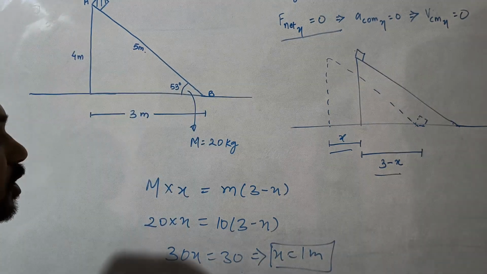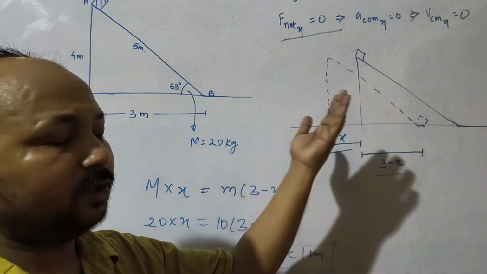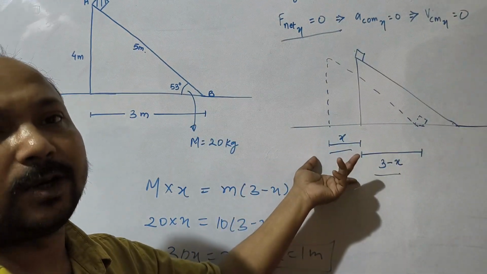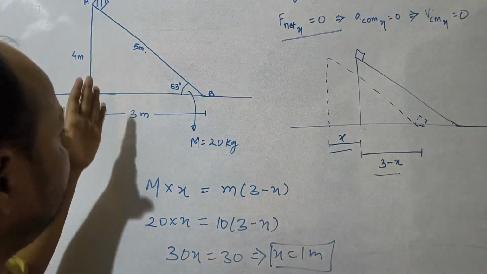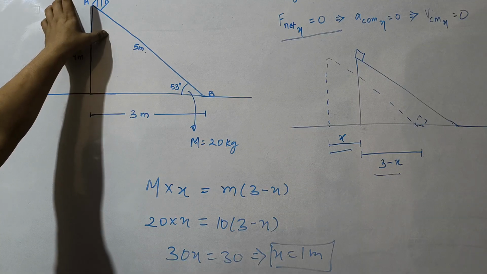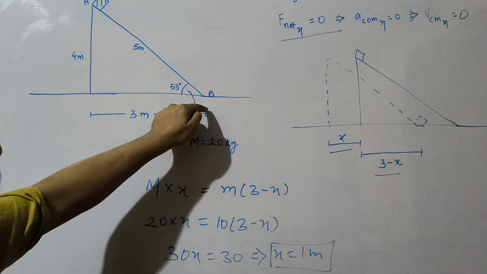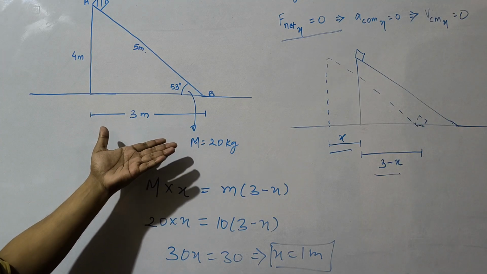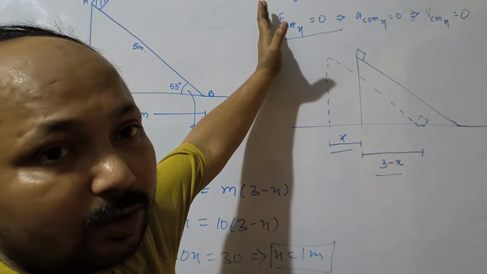Since x is positive, that means the wedge will shift in the backward direction by 1 meter. So this is the way to solve the question. We don't have to take this length. We have to just be concerned about which direction the net force is 0.